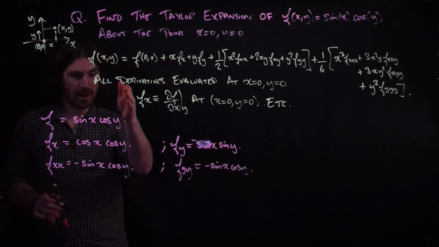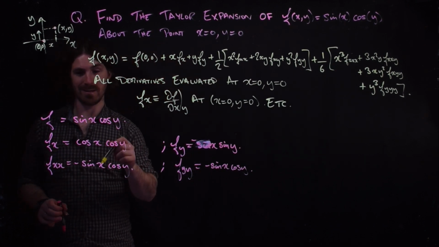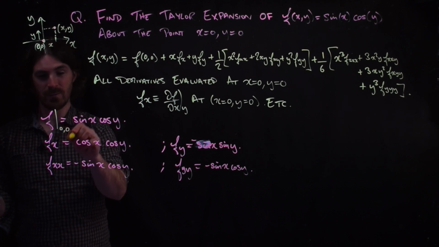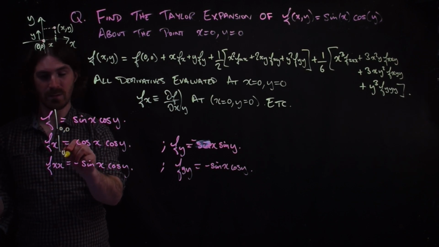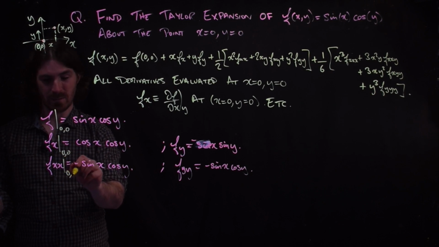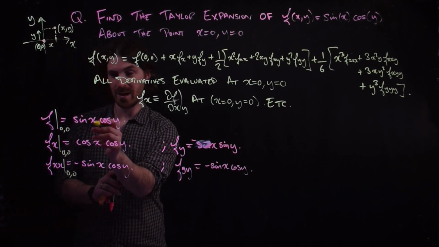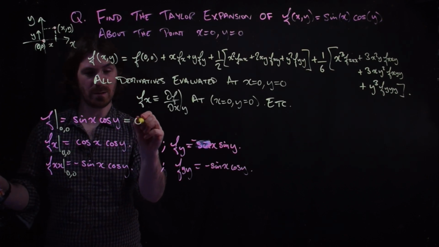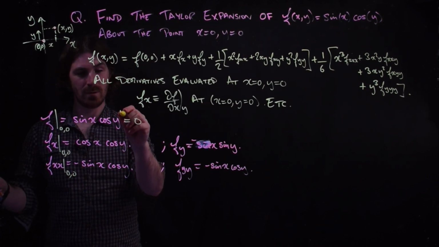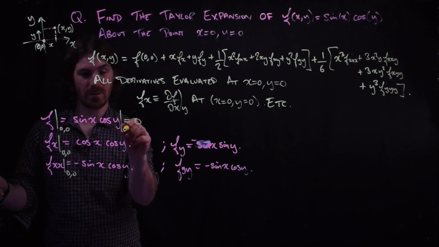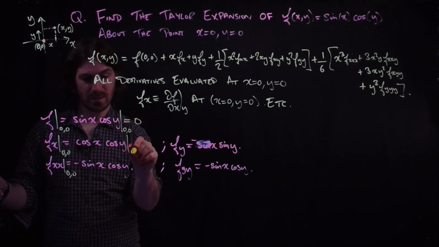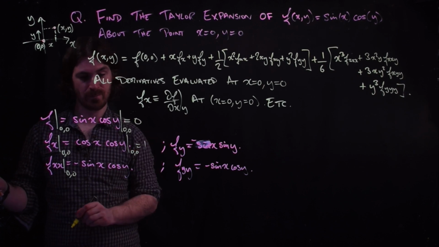We're evaluating all these things at 0, 0. We're evaluating f at 0, 0, this at 0, 0, and this at 0, 0. What is sine of 0? It's 0. So sine x cosine y evaluated at 0, 0 will be 0. This evaluated at 0, 0 will be 1.